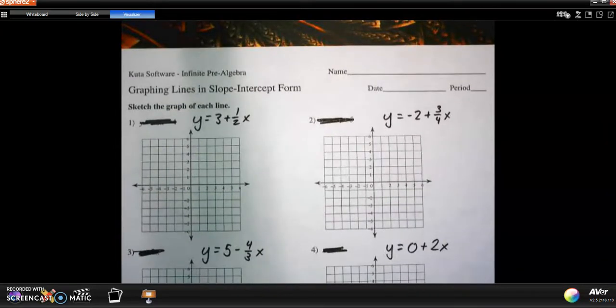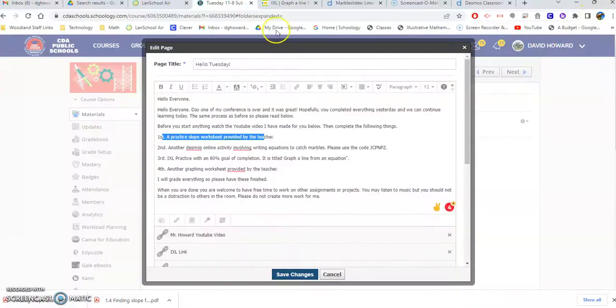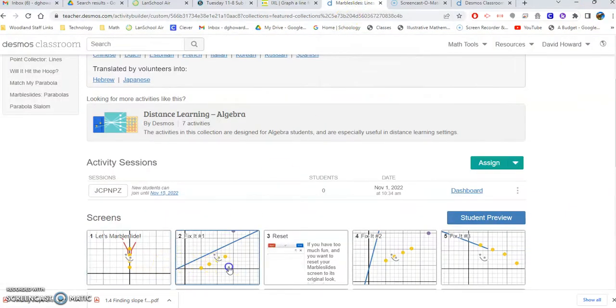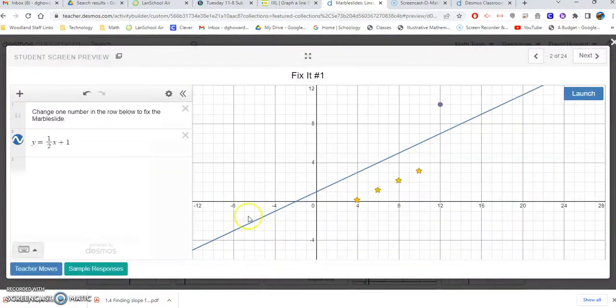Now, when you're done with that, you're then going to go to Desmos and do a little marble slide activity. You have this line and these little stars, and if you hit launch, you're going to miss those stars. So you got to tweak the equation to catch those stars.